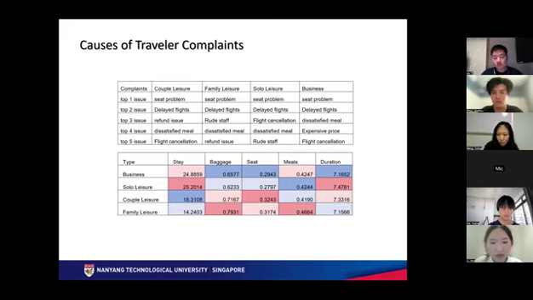Compared to couple and family leisure travelers, business travelers generally spend more days at their destinations, and we suppose this is another reason for their complaints about the price, as high prices might reduce their travel frequency and force them to stay longer at their destination. And the solo leisure travelers tend to have longer stays and flight durations, which may make them more focused on the staff service, leading to more complaints about rude staff.